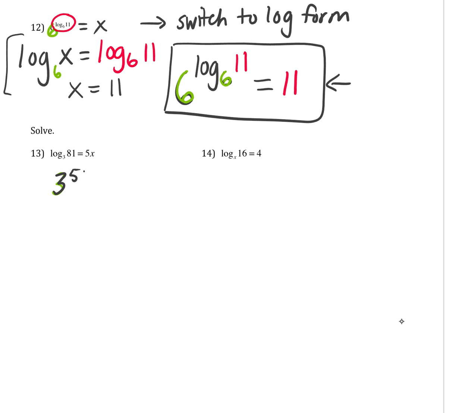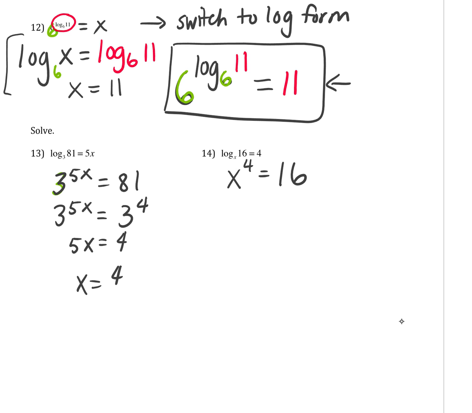So the 5x is equal to 81. First two, we can switch to log form. This one's going to be x to the 4th is equal to 16. And then for solving, same techniques we used. Set the bases the same, set the exponents equal, and finish solving.